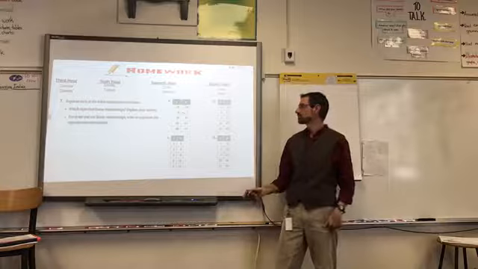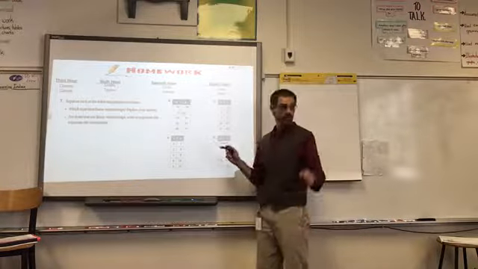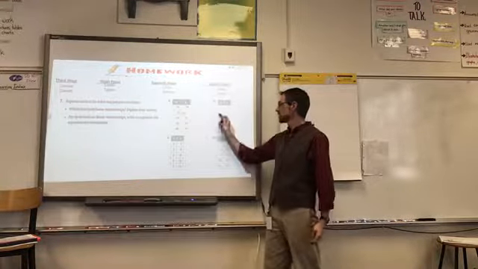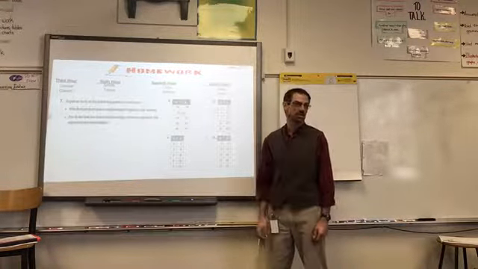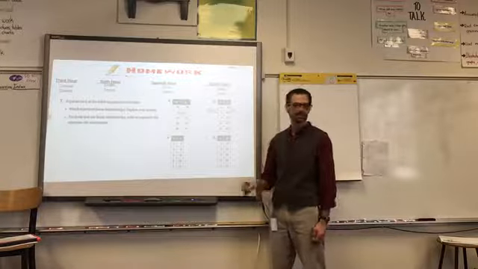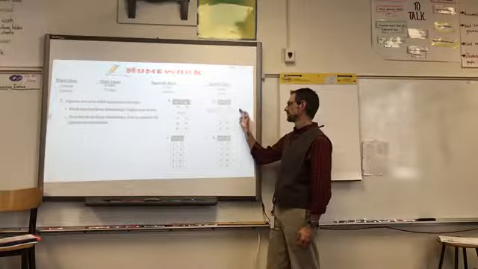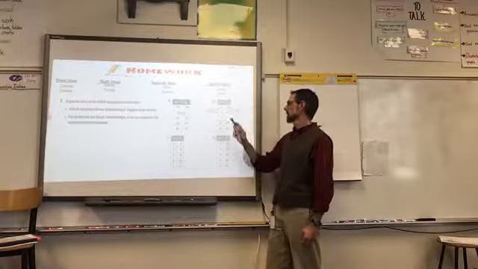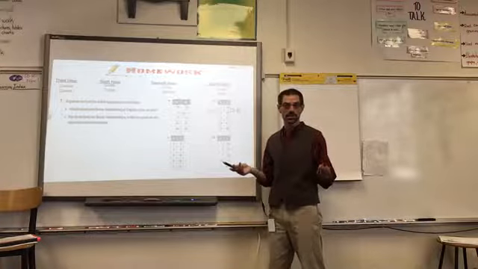So Rachel, let's do change in y over change in x. What's my change? 4. What's my change? 8. Okay, what's 8 divided by 4? Okay, so we have a rate of 2 here. Does that mean the whole table has a rate of 2?